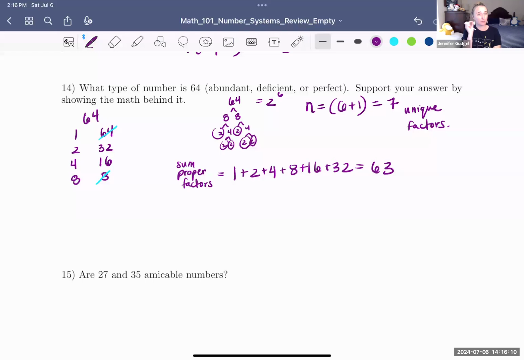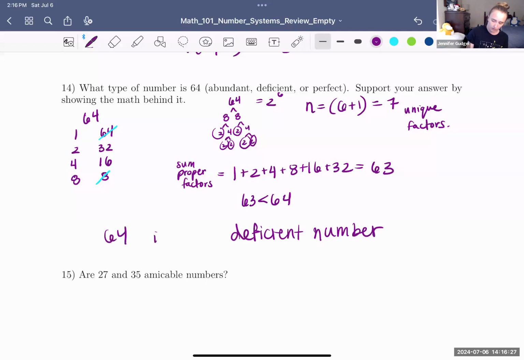It's really close to perfect. If this had equaled 64, it would be perfect. But no, 63 is smaller than 64. Therefore, we have a deficient number. 64 is a deficient number.